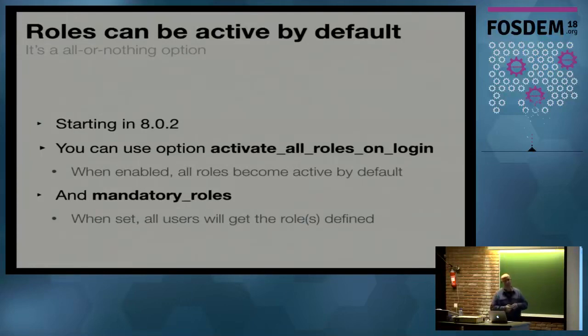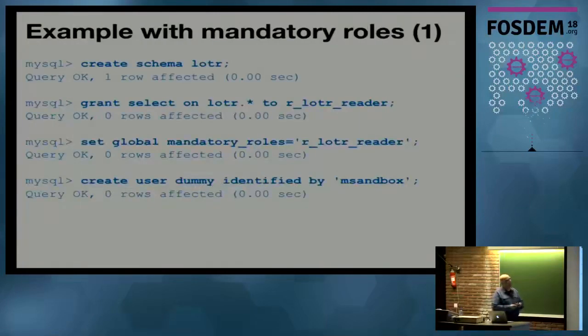Mandatory roles means set this role mandatory for every user. I don't know, it could be useful or it could not. So with mandatory roles, let's see, we create a schema, we grant something to this role, and then we say this role now is mandatory for everybody.